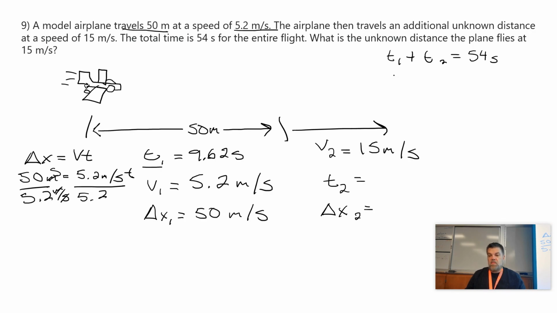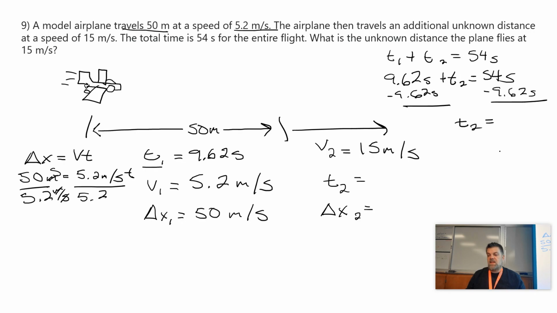So we plug that in up here: 9.62 seconds plus T2 equals 54 seconds. We're going to subtract 9.62 seconds, and I get the time for the second leg of the trip.